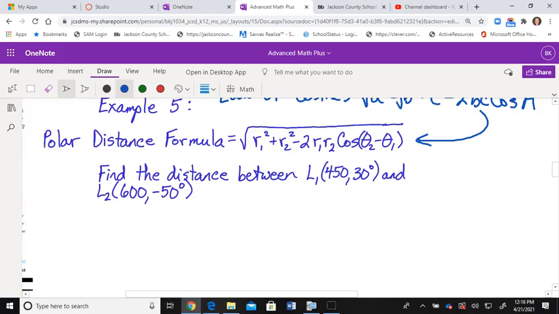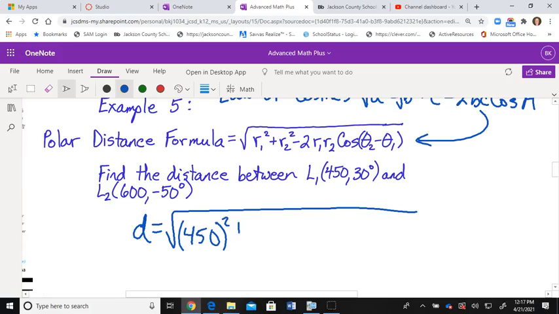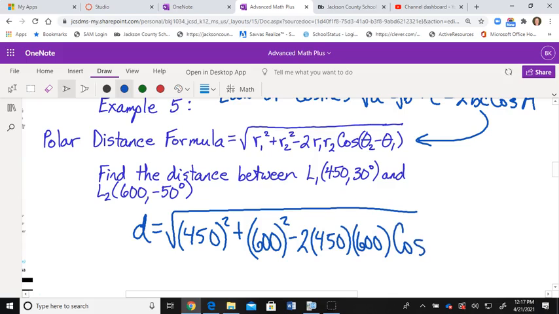All right. So we're going to find the distance. What is my first radius? 450. So we're going to say 450 squared plus, what's my second radius? 600 squared minus 2 times 450 times 600 times the cosine.